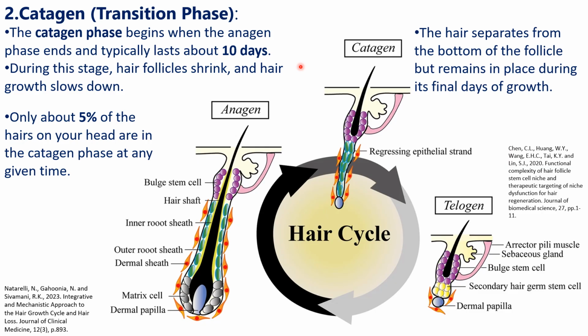The hair shaft detaches from the dermal papilla, this bit at the bottom, okay, and due to the disruption of the epithelial connections at the base of the follicle, you see the loss of the actual hair itself.